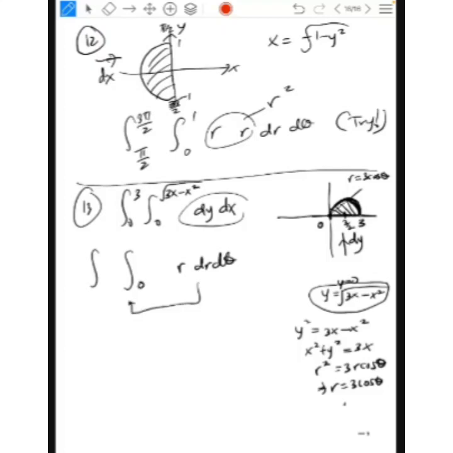So 0 until you go everywhere, anywhere you go, you will find r equals to 3 cos theta. And then theta is from 0 until pi over 2, because this is 0, this is pi over 2. Okay, it occupies only the first quadrant, so from 0 to pi over 2. Okay, so you have to try solving this integration.